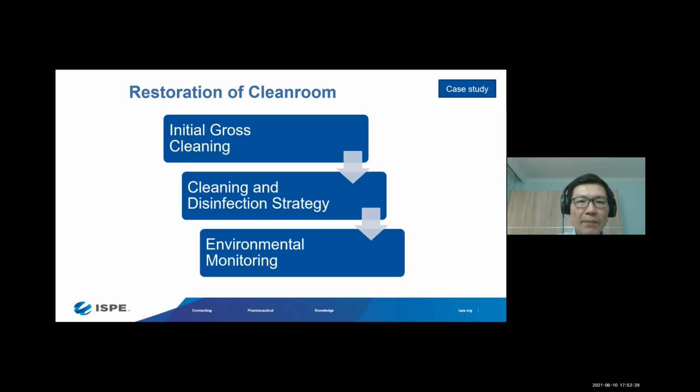So these are the main activities for the restoration of the cleanroom. The first one is the initial gross cleaning, which is basically to remove the heavy soil. This is followed by the cleaning and disinfection strategy, where you need a plan of what chemical agent, what disinfectants and process agent to use, and the sequence and number of times each of these is used.